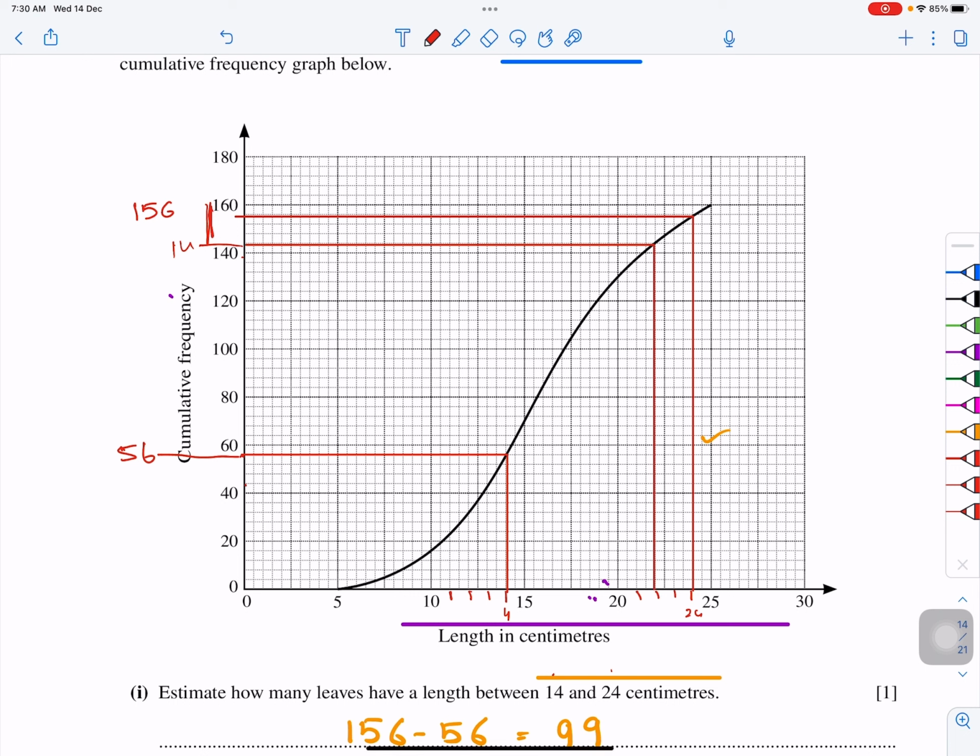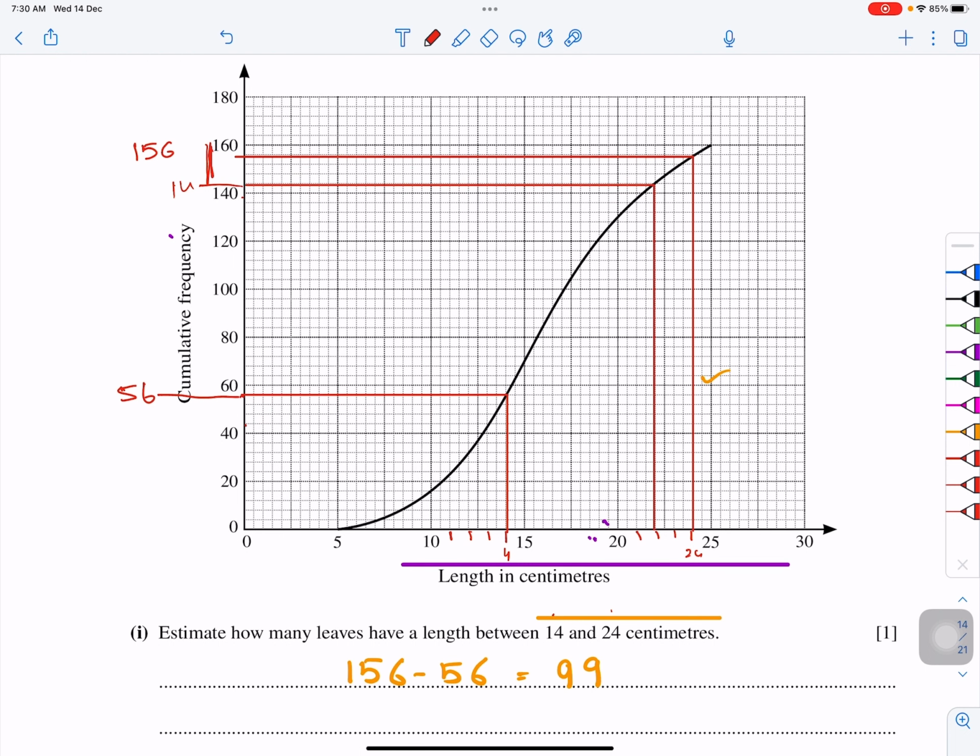Okay, so what is it coming to? Let's see here. I told you each is equal to 1, so this is 21, 22. So this is 22, right? So 22 and more than 22 centimeter is the length of those leaves.